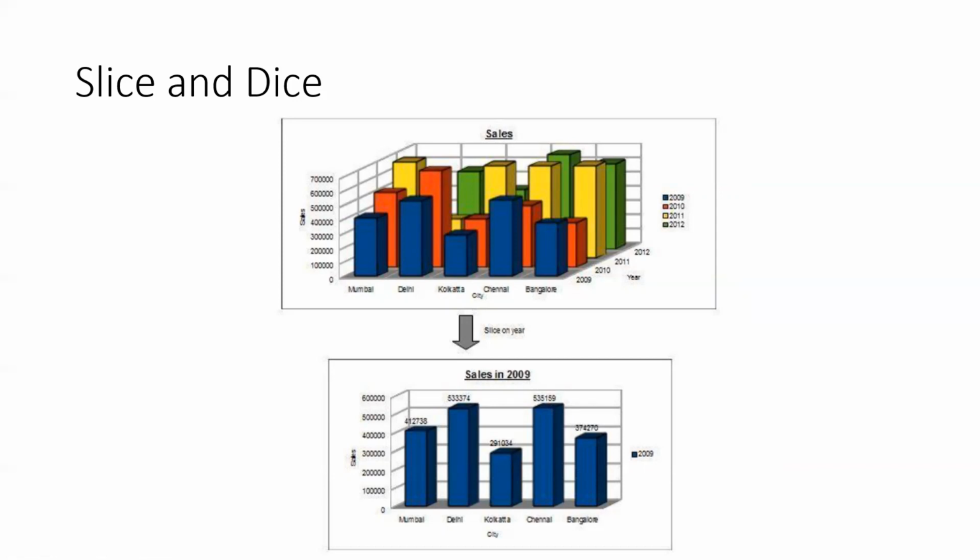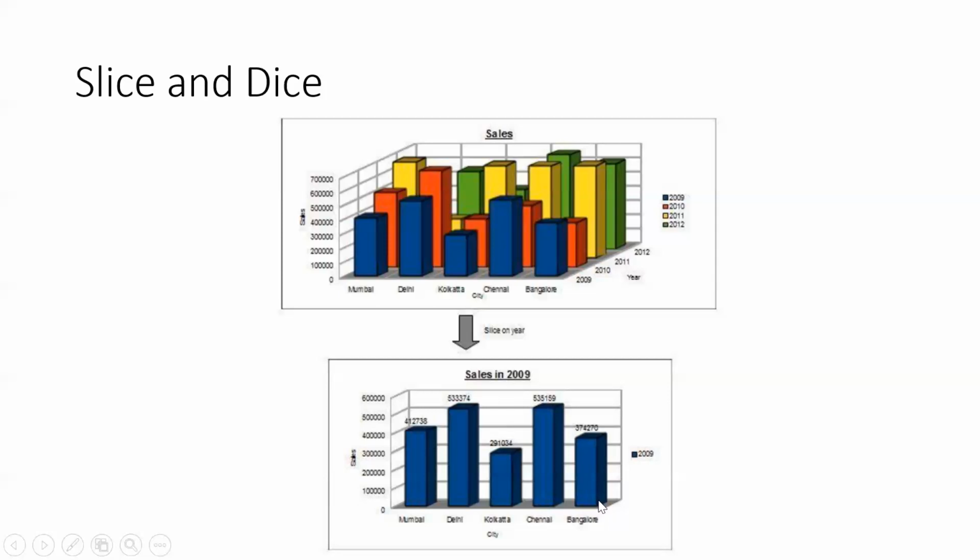In this particular chart, we can go ahead with slice and dice. What is slice? Over here, if we filter on top of a particular year, you can see only one dimension is present for this year, that is the cities information. So we are slicing the data over here.